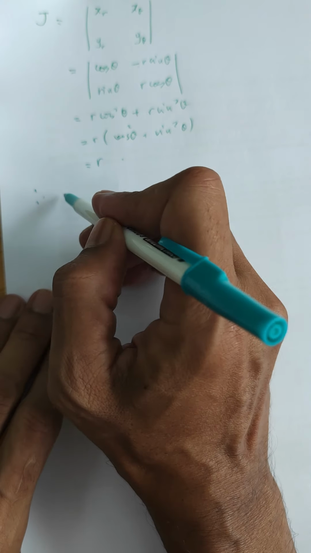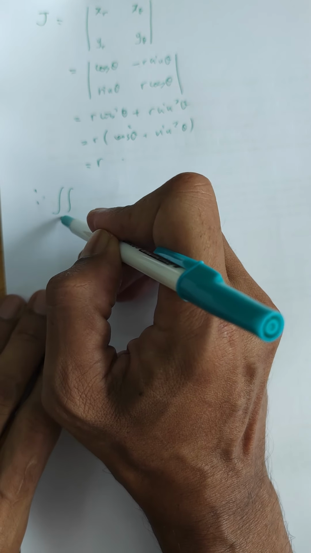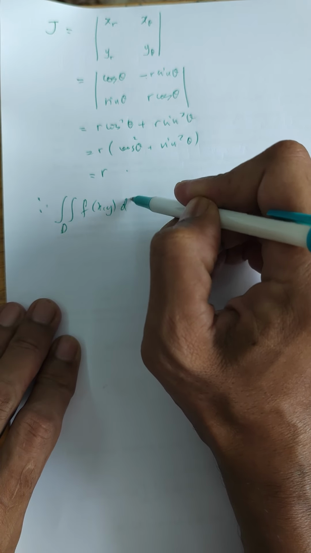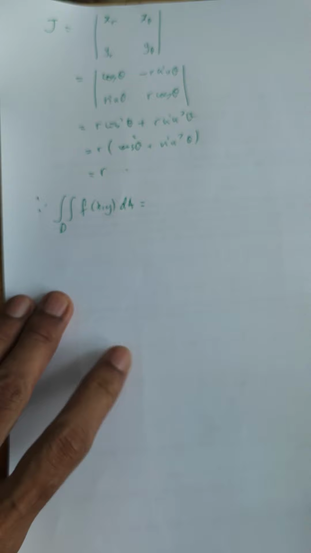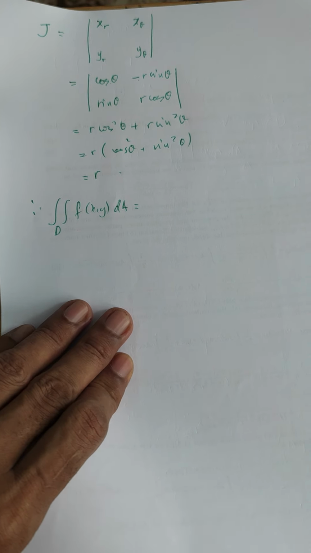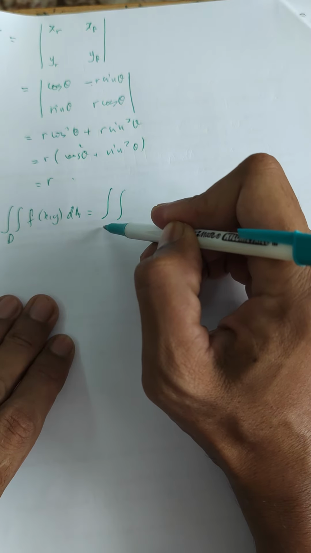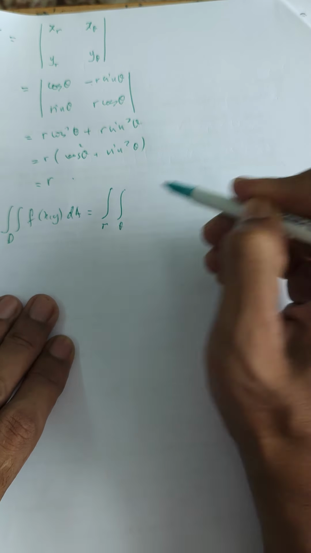our integral here, over region D of f(x, y) dA, when we transform into polar coordinates, is with respect to r and theta.